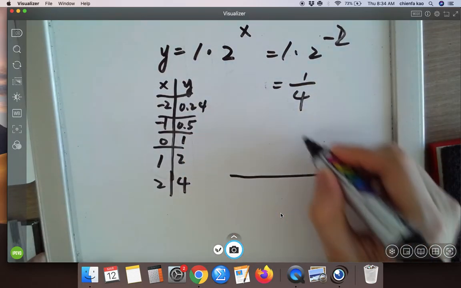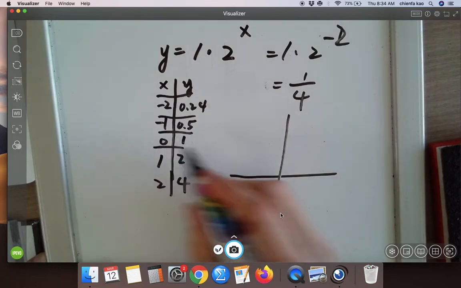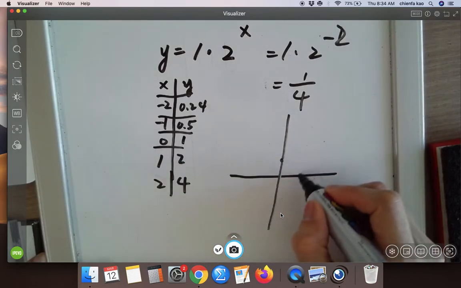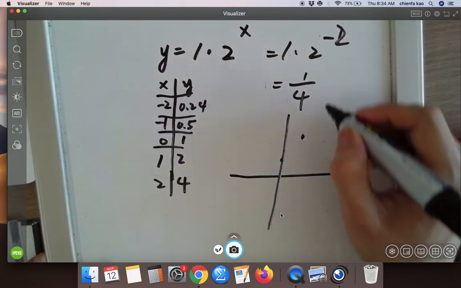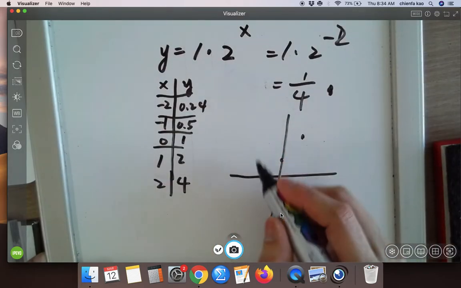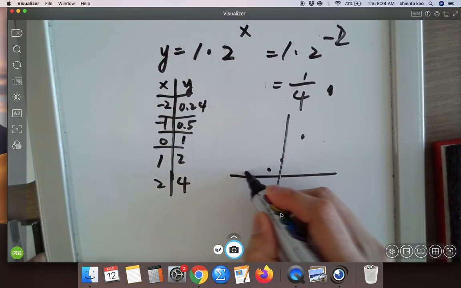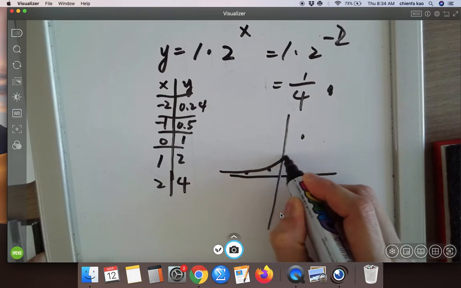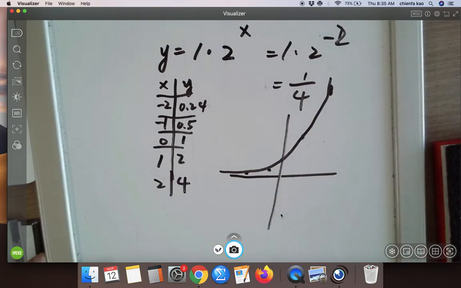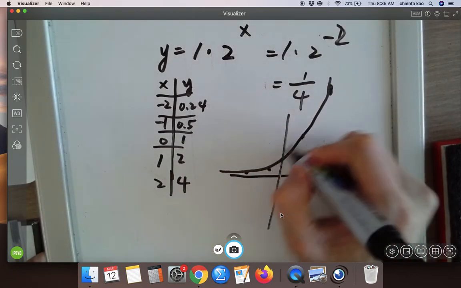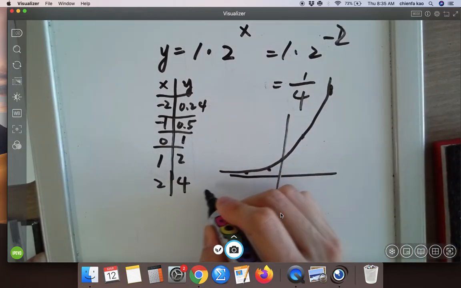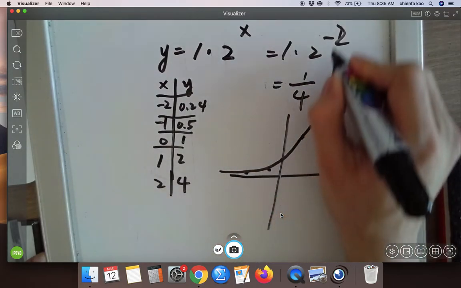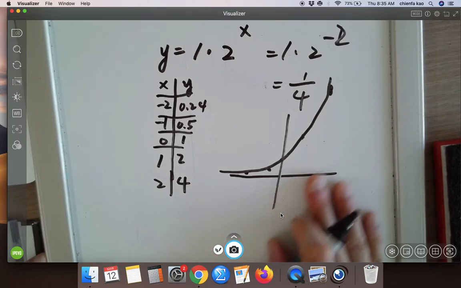If you graph this, at 0, it'd be 1. At 1, it'd be 2. At 2, it'd be 4. But negative 1, it'd be half. And then negative 2 would be this. This is an exponential growth function. It goes up not linearly, but exponentially. Okay?